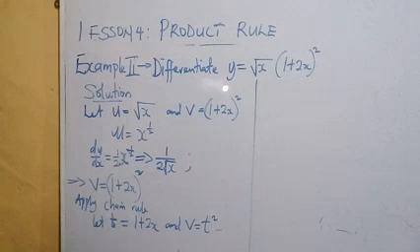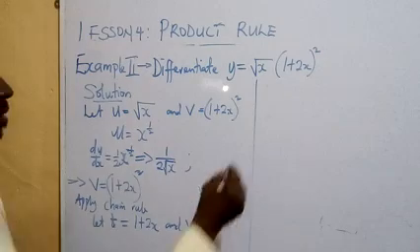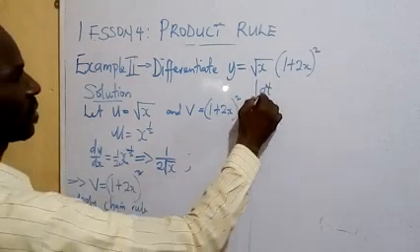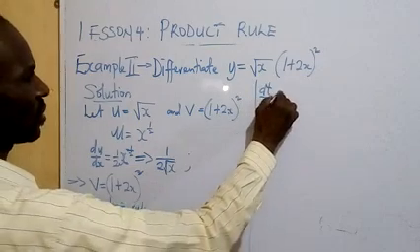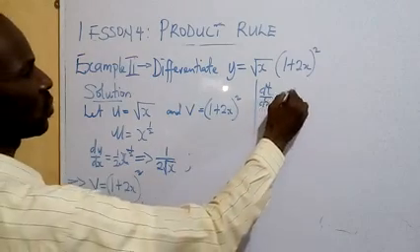You differentiate t with respect to x, and you differentiate v with respect to t. Now dt/dx, we're dealing with x, it is 2.